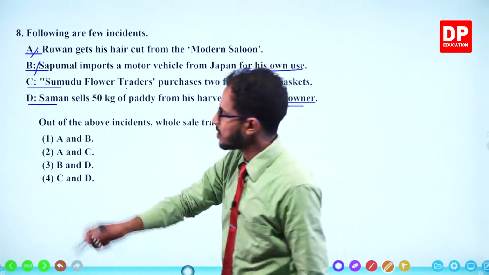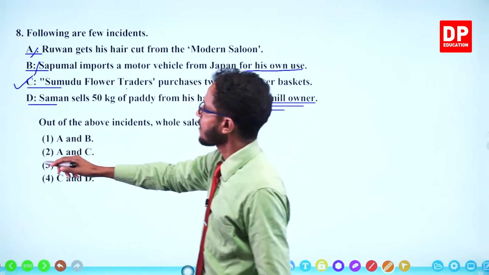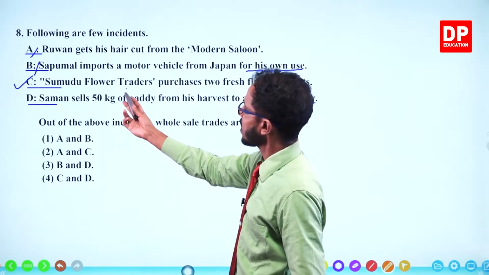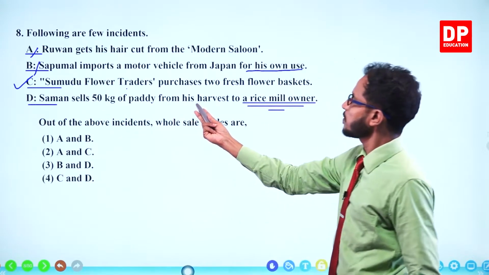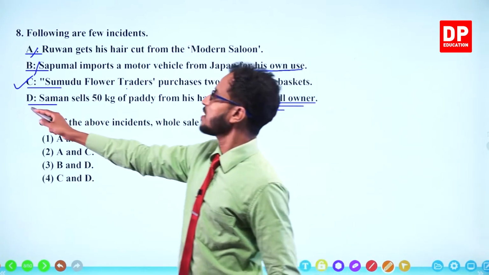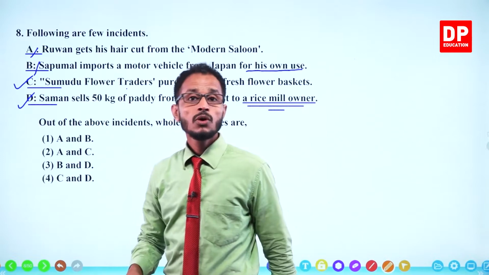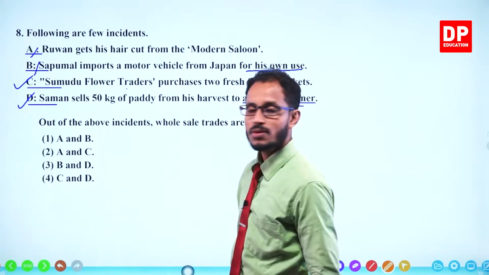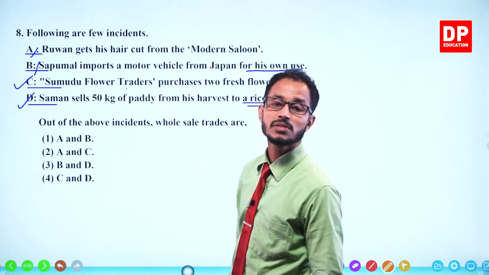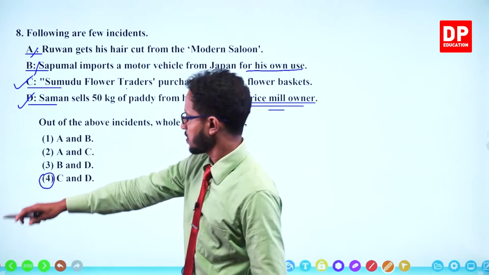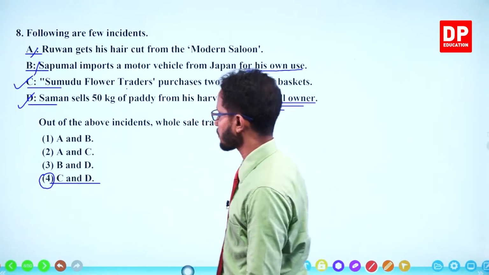To resell. That is a wholesale trade. Saman sells paddy to a rice mill owner. Why does a rice mill owner buy paddy from the farmers? To resell. So C and D. This is the answer.